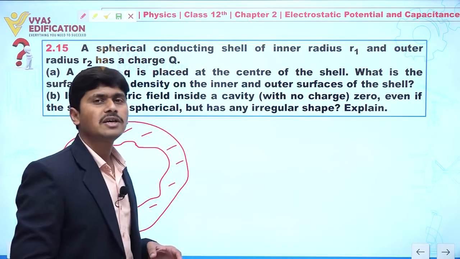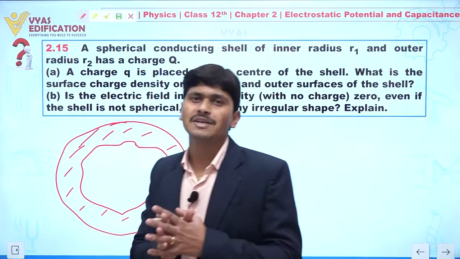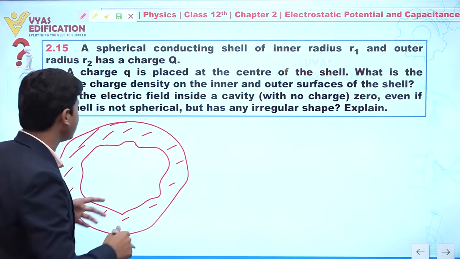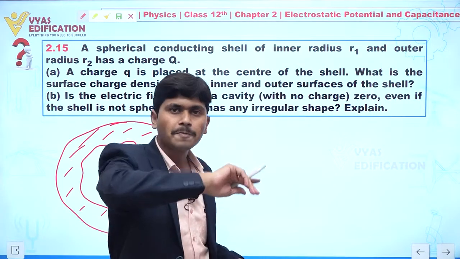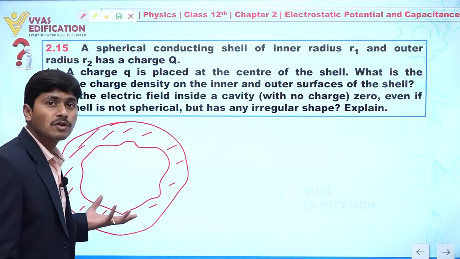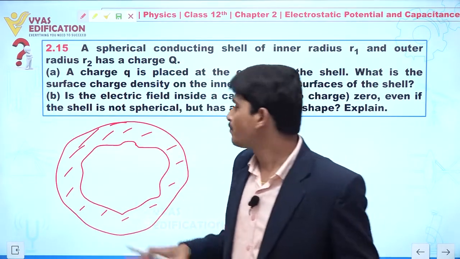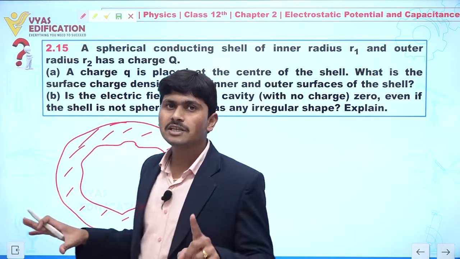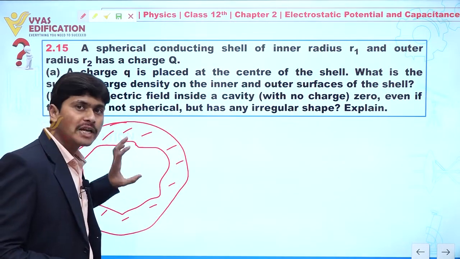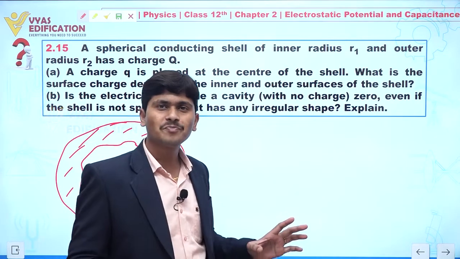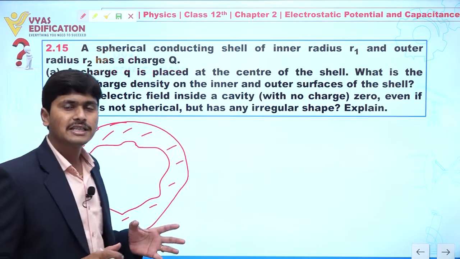Actually, with a Gaussian surface we can draw any Gaussian surface. In the previous problem we drew a spherical Gaussian surface. This time we can draw any irregular shape, but our main concern is the net charge present in the Gaussian surface. Whenever the net charge present is 0, the electric field is 0. So what is the difference in this situation?